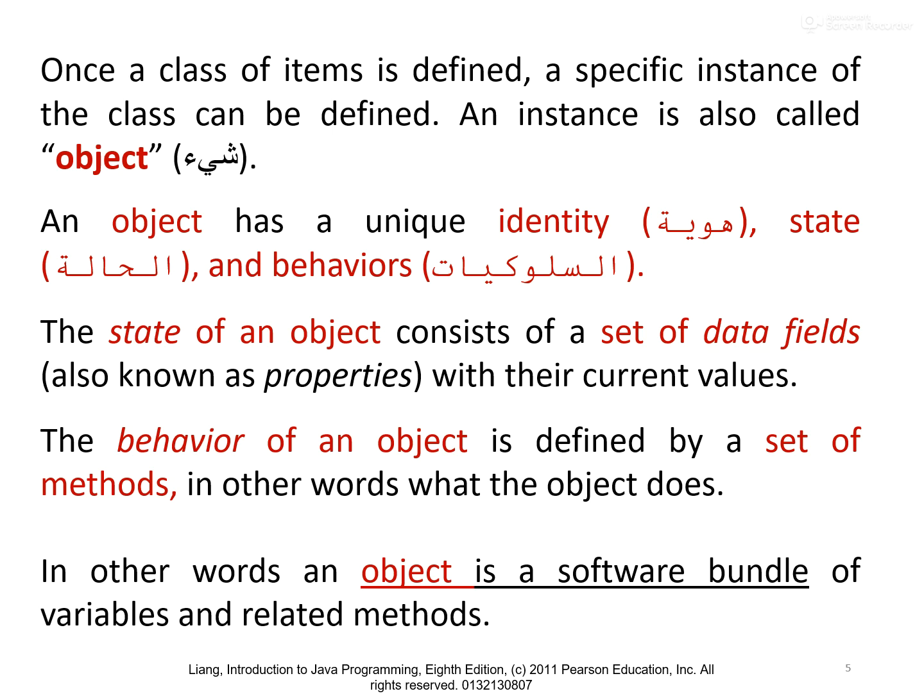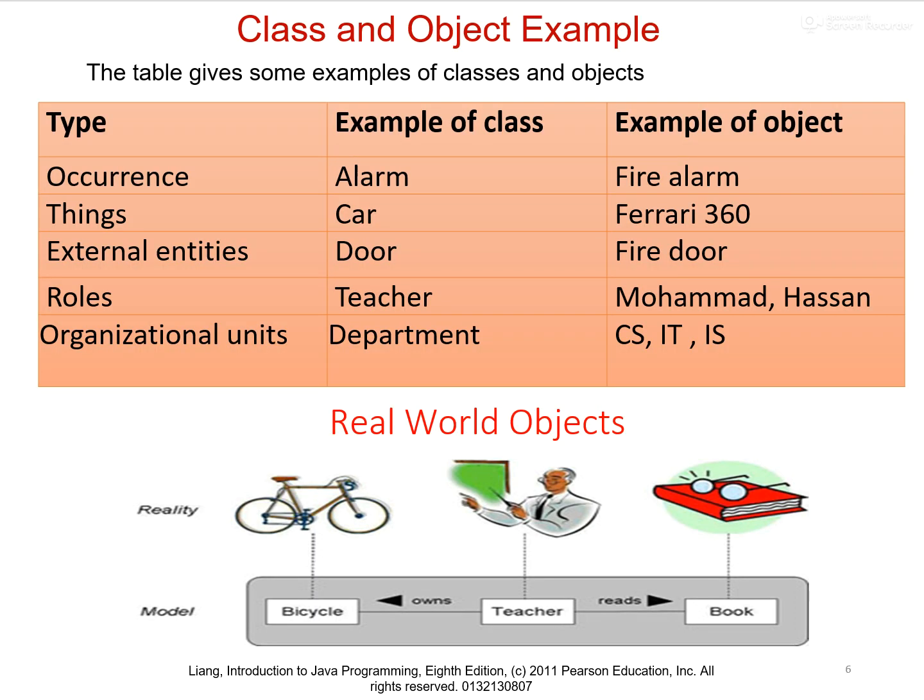In other words, an object is a software bundle that contains variables and methods that work with those variables. To clarify this a little further, there's a slide in the lecture set that I uploaded.